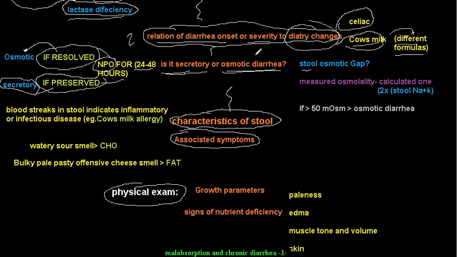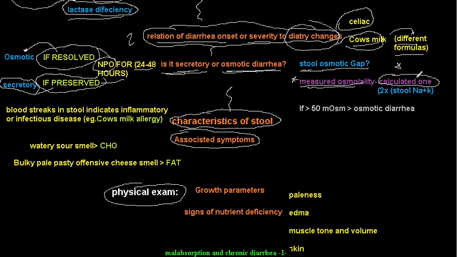And you can know if it is secretory or osmotic diarrhea by calculating what is called the stool osmotic gap. How to calculate stool osmotic gap? We have two values: the measured osmolarity and the calculated osmolarity.